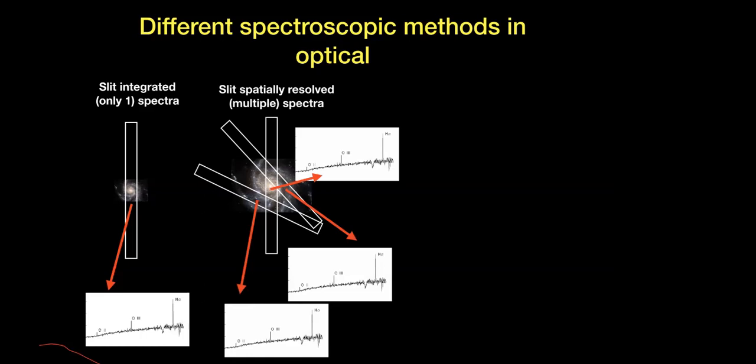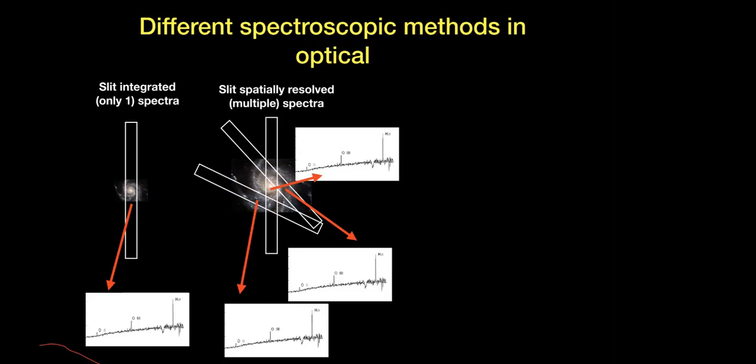And then you can put multiple slits on the same galaxy, and thus you can sample the whole galaxy and get spatially resolved information, which is a lot more useful than this case. But as you can imagine, if you want to do observation like this, you would need a lot of slits and a lot of observation time. And that might not be feasible for a whole bunch of galaxies.